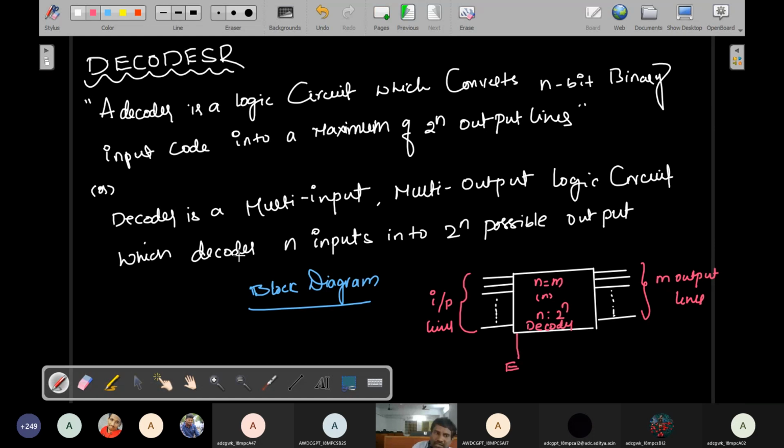So it decodes n inputs into 2 power n possible output lines, where m is nothing but 2 power n. This is the definition of a decoder. Please note, everybody. I'll move to the next page.